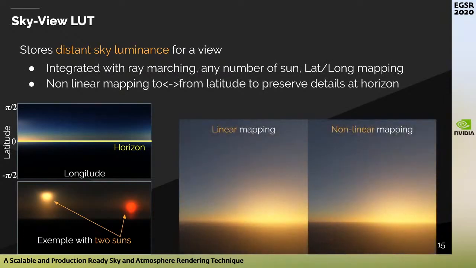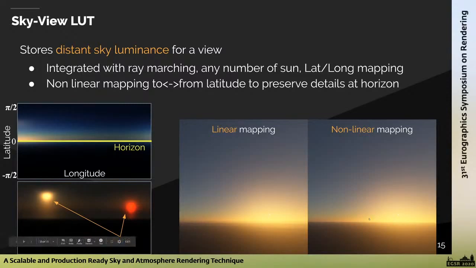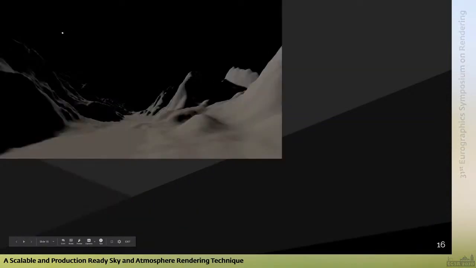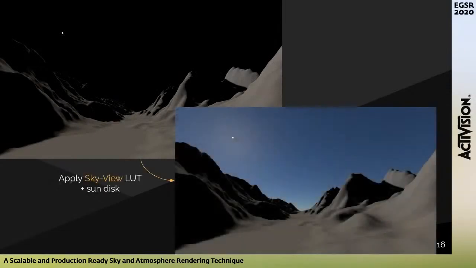This is done in order to maintain the amount of detail at the horizon. As you can see here, if you use a linear mapping, you will see a linear interpolation artifact being visible. So using this LUT, you can now render the distant sky, as you can see here. And the sun is composited separately.